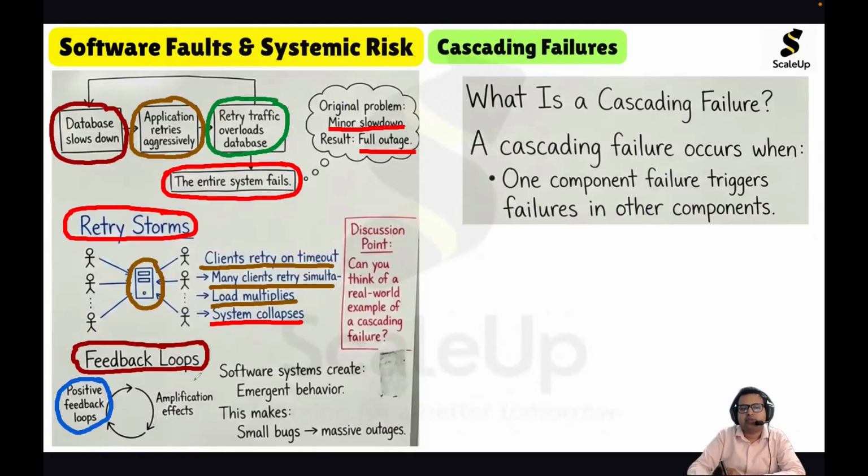We also have something called amplification effects or resource exhaustion. Let us suppose a slowdown in one area, like disk input output, causes requests to pile up in memory.